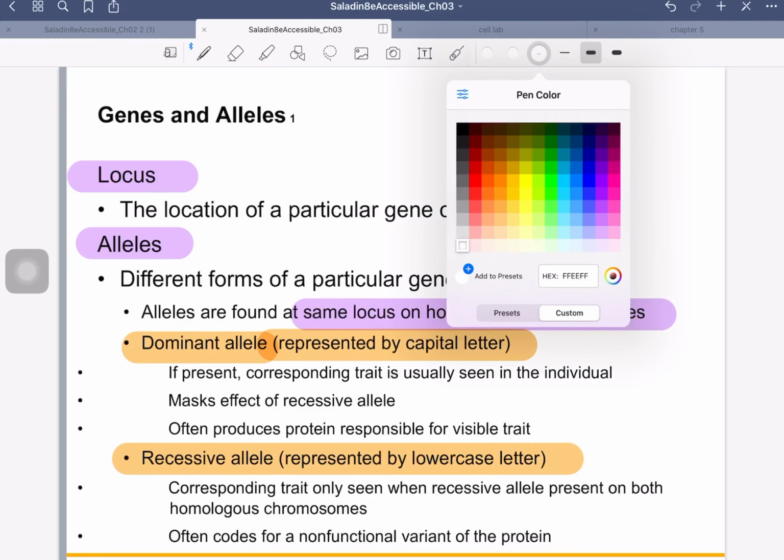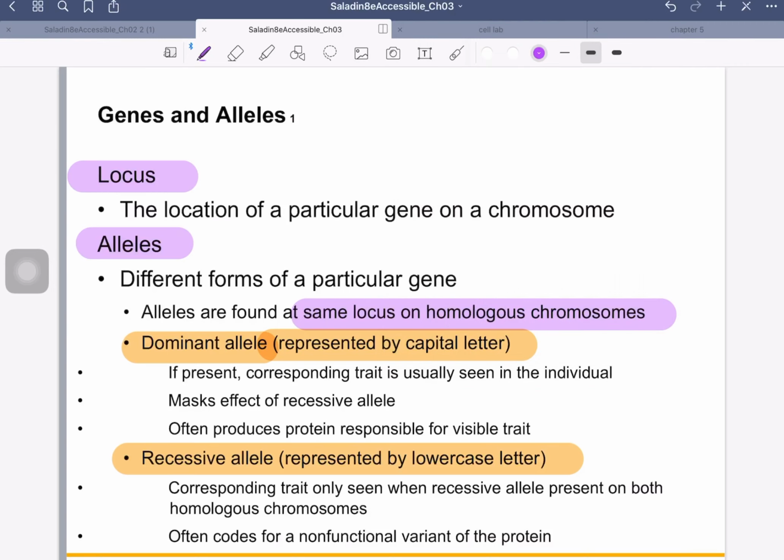Well, what do these terms mean? For dominant, if present, the corresponding trait is usually seen in the individual. And it typically masks the effect of the recessive trait.